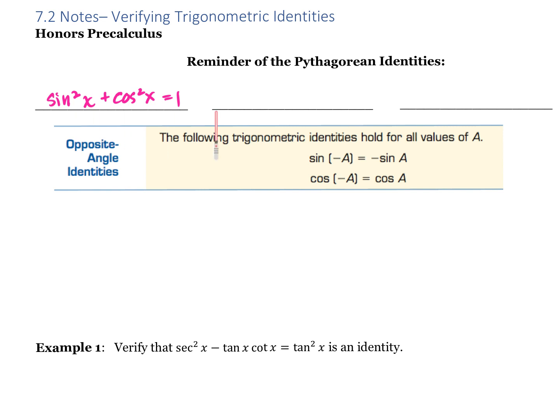Then, you guys, how do we get that second one? What could I divide everything by to get this one? He said, okay, if I were to divide through by cosine squared, and you don't have to write that step if you don't want, what would turn into a sine squared over cosine squared? A tangent squared. Thank you.